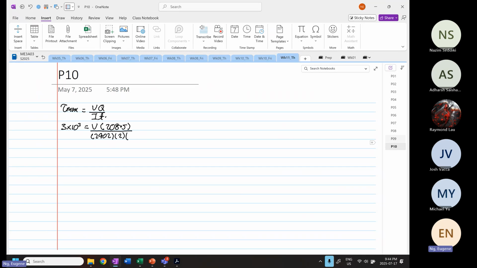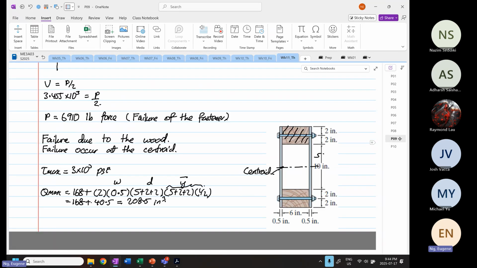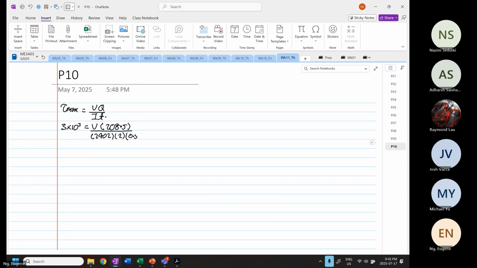You have left and right web, and the thickness is equal to 0.5. So V over here will be equal to 3 times 10 to the power 3 times 2902 times 2 times 0.5 divided by 208.5, is equal to 41.755 times 10 to the power 3 pounds, right?